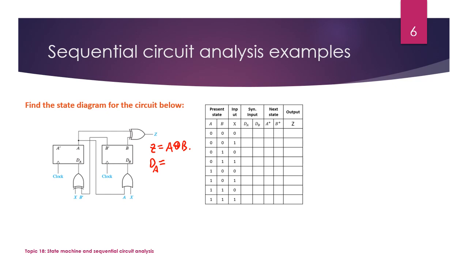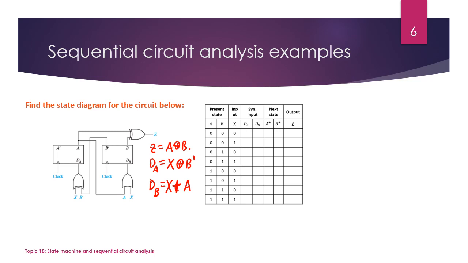So dA equals X XOR B prime, and dB equals X or A. Okay, so that's all the information we have from this logic diagram.